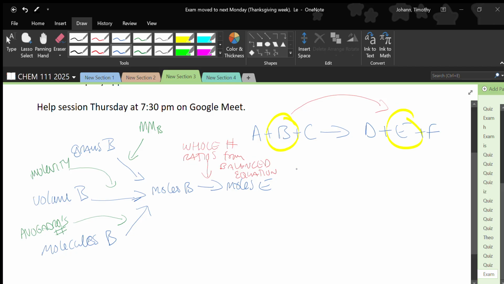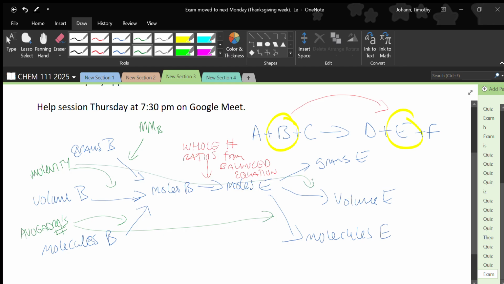Out the other end here, we go from moles of E to maybe grams of E, or maybe now we go to volume of E, or maybe we're going to go to molecules of E. We're going to use the same conversion factors there.